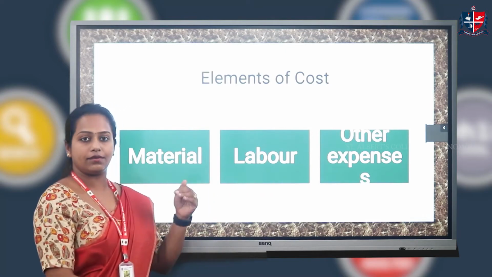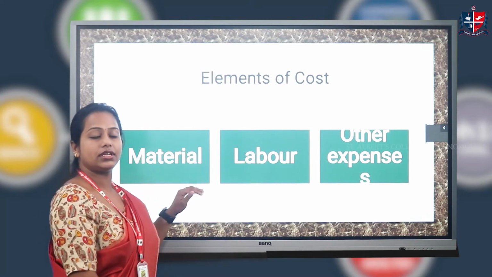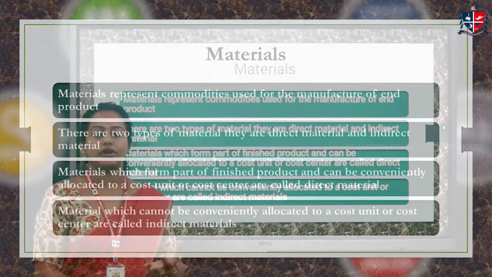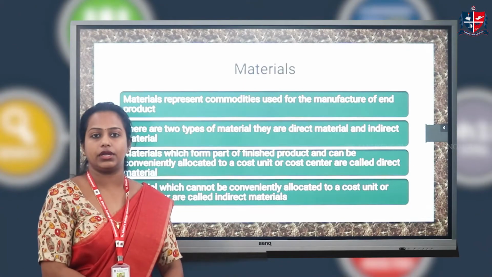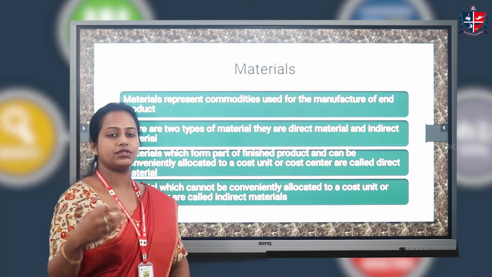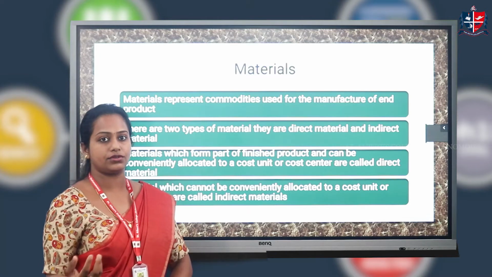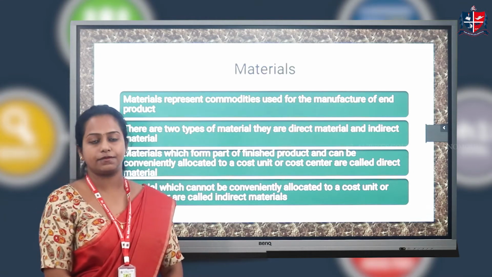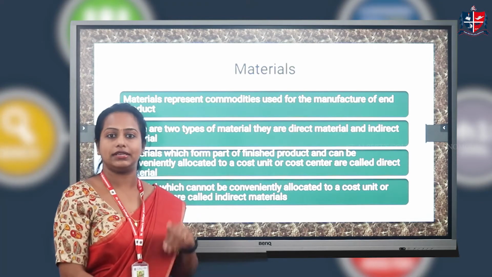So in detail, we are going to look at what the material cost is. Materials are basically the commodities or the products which are used for the production of a finished product, a finished good. We have two types of materials: direct materials and indirect materials.